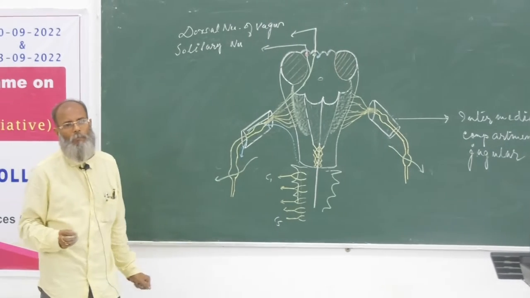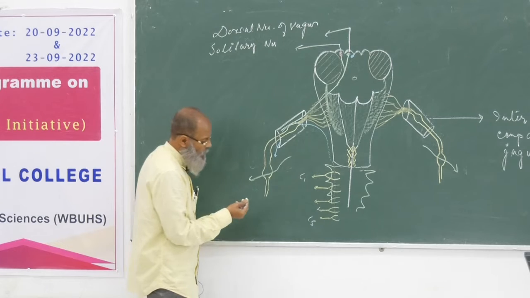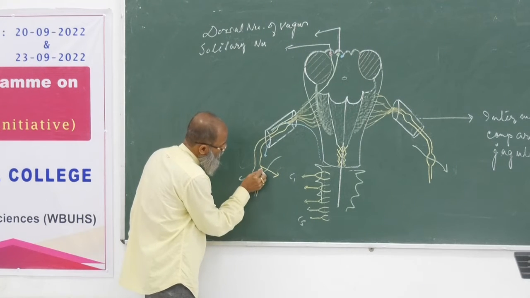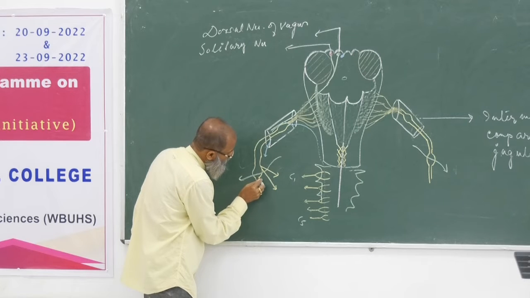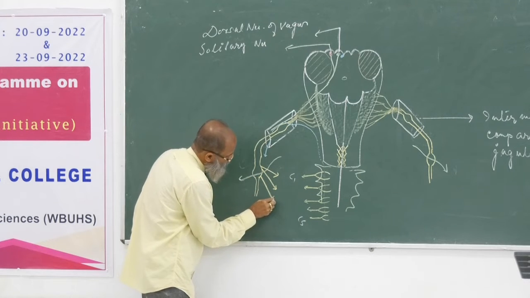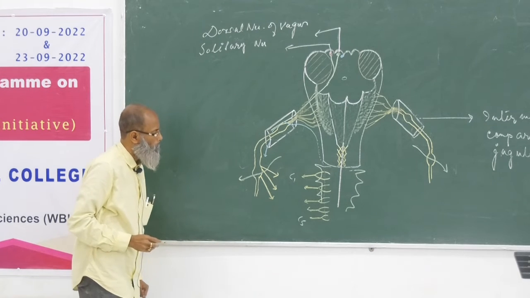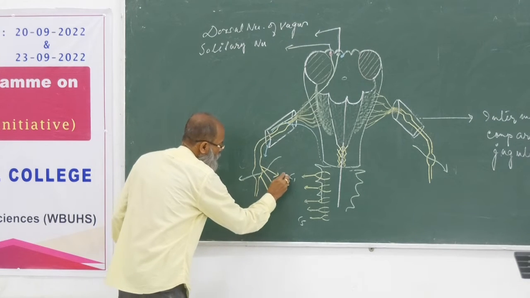Now from the inferior ganglion, close to the inferior ganglion, we find number 1, the pharyngeal branch, number 2, some cardiac branches, and number 3, the superior laryngeal branch.